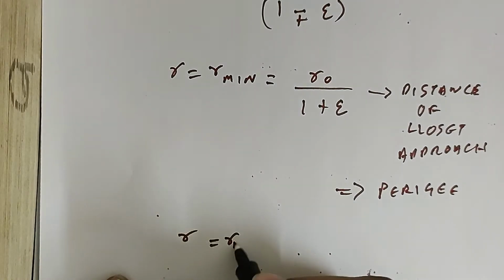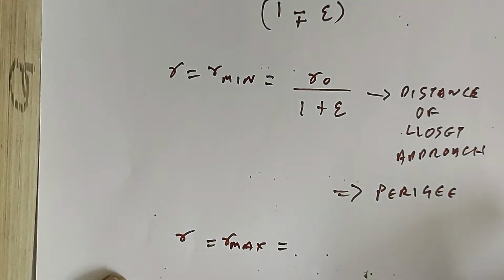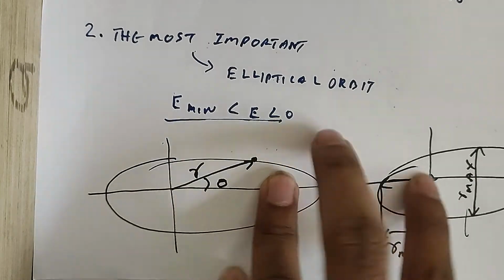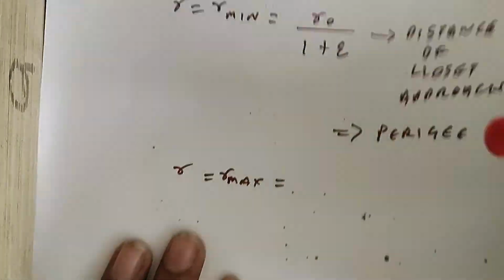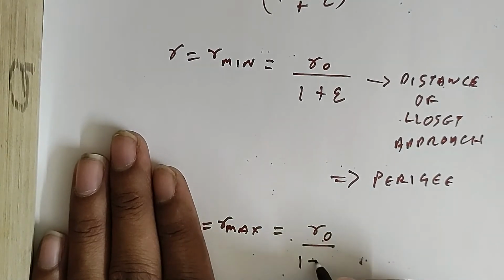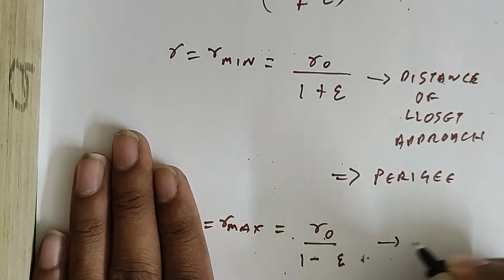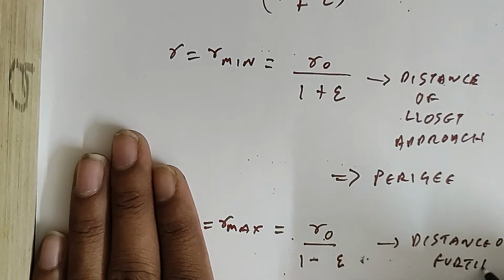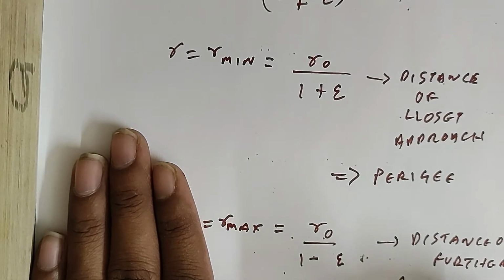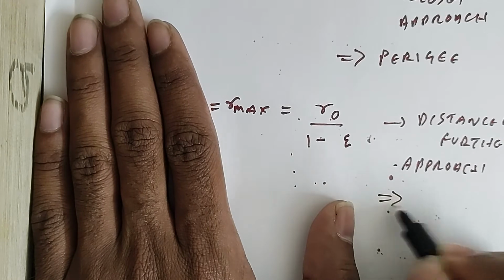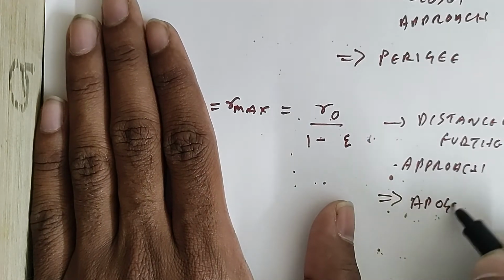Secondly, if my r is equal to my maximum distance, we have just defined r minimum, and for r max, my equation would be r naught over 1 minus epsilon, which is the distance of farthest approach, also known as apogee.